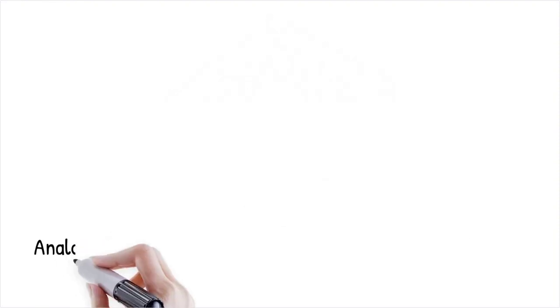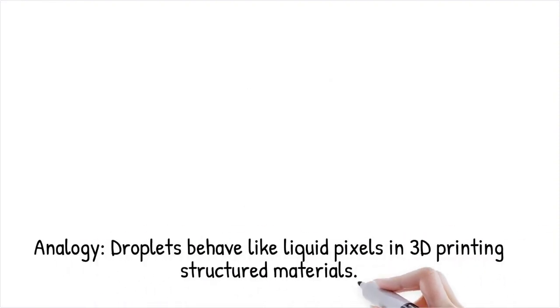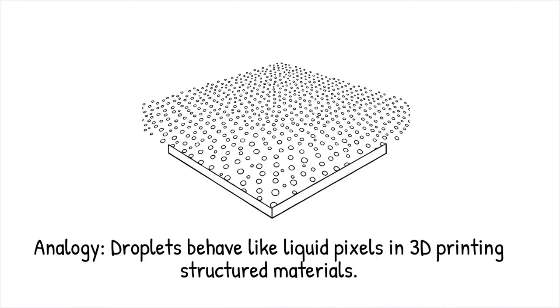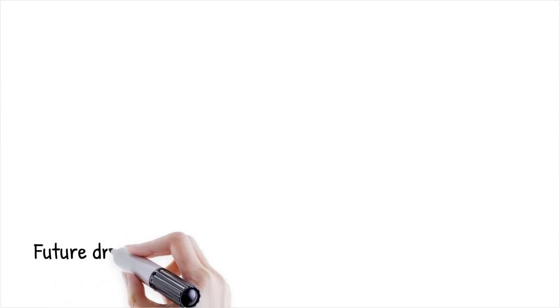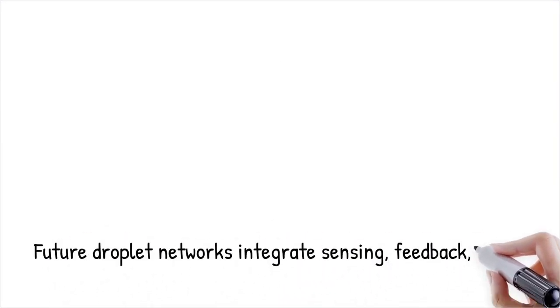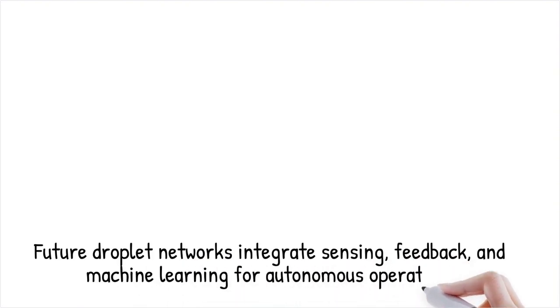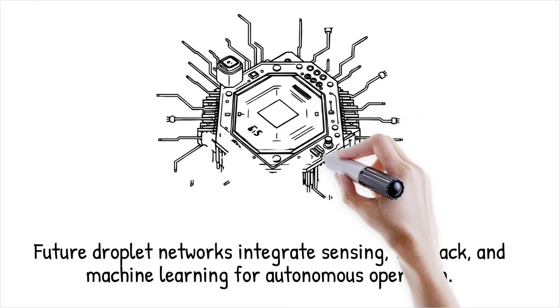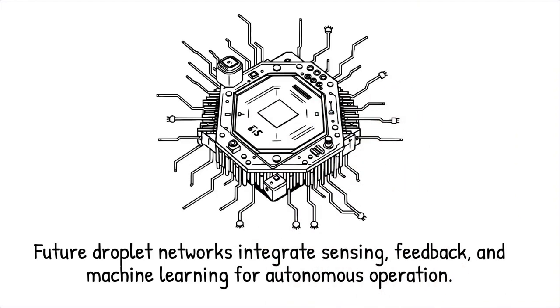Future droplet networks will integrate real-time sensing, feedback control, and machine learning for autonomous operation. Hybrid systems combining optical, electronic, and biochemical interfaces will enhance droplet-based decision-making and therapeutic delivery. Integration with lab-on-a-chip and organ-on-chip technologies will expand applications in diagnostics, personalized medicine, and artificial intelligence.